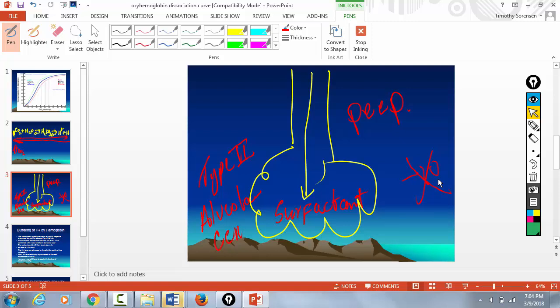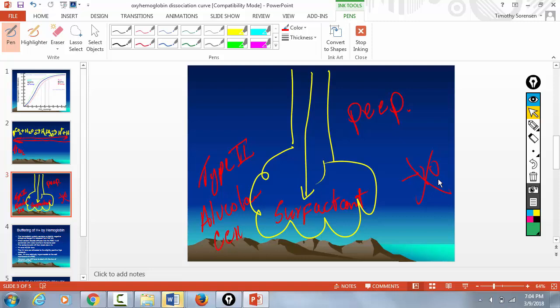Watch. When they're placed on a ventilator, they're also placed on what's called PEEP. It's those little marshmallow things, and they just cram them down the ET tube. PEEP stands for positive end expiratory pressure. So watch. When you blow the air out, you want to get the air out, right?